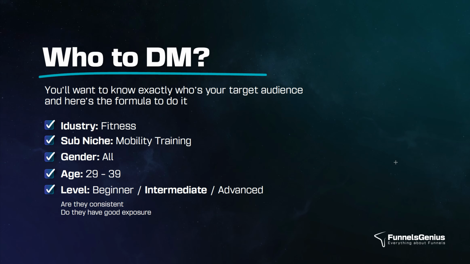Now, the next question you want to ask is, what kind of niche within that industry? For example, let's say that you do the medical industry, and then you do a specific niche like chiropractors, right? You can do that because that is going to allow you to understand how you can position your offer.